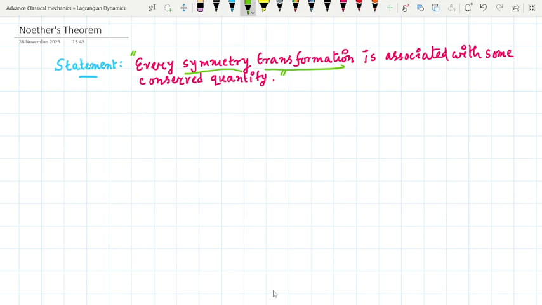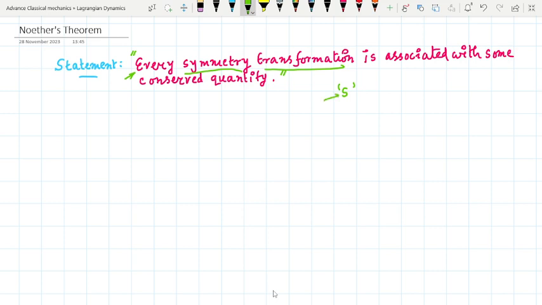So the statement simply tells us that for a symmetrical transformation with respect to a physical quantity we consider, the associated physical quantity will remain conserved. Suppose the physical quantity we are considering is S. We are interested in whether the Lagrangian transformation is symmetric with respect to S or not.